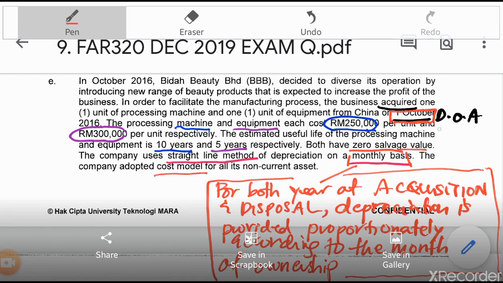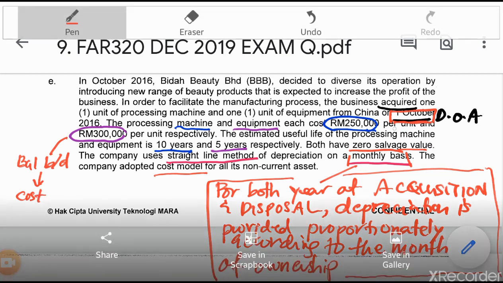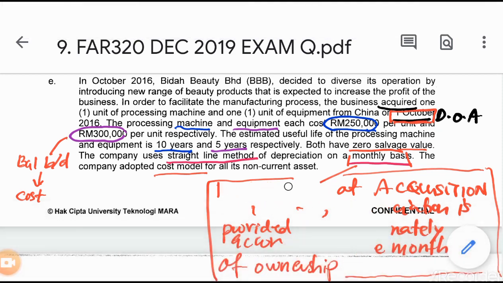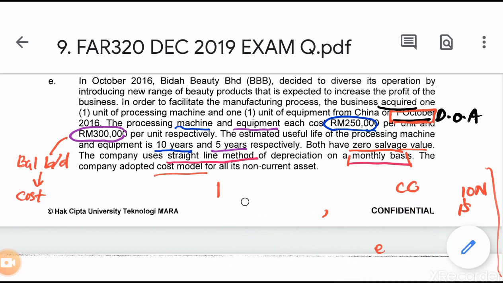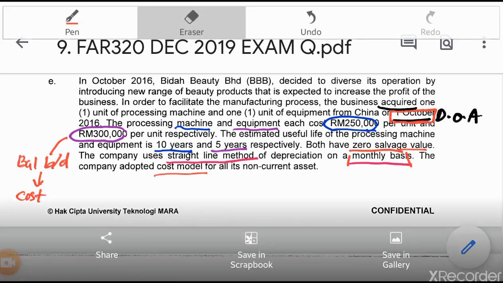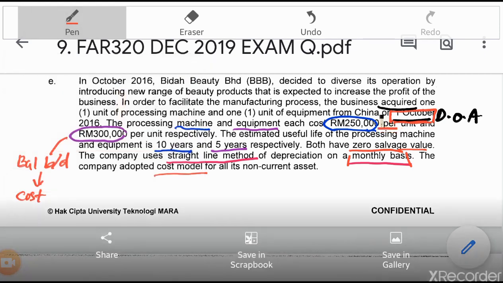Before that, this figure of 300,000 will be your balance brought down in your movement of PPE, which is under the cost, right? As well as this figure just now, 250,000, which is the one for the machine.